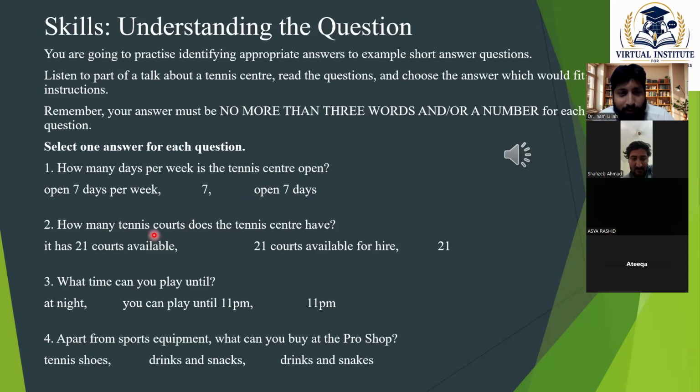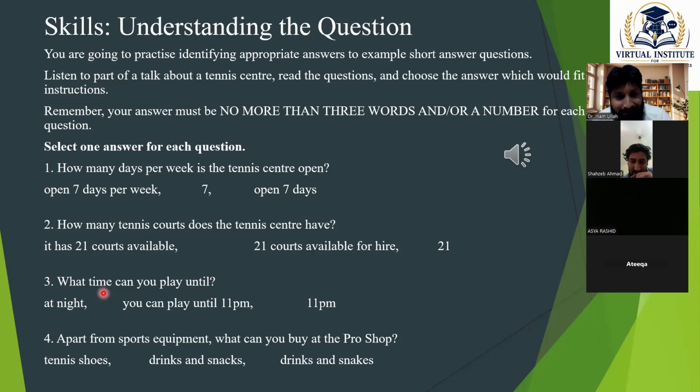Atika, you should tell me about the second answer. Which of the options is correct? 21. Yes, 21. And why 21? Because the rest of the 2 options exceed the word limit, right? The third one, the answer is at night. Yes, sir. Okay. And the fourth one, drinks and snacks.